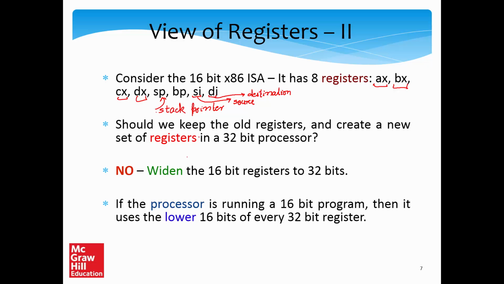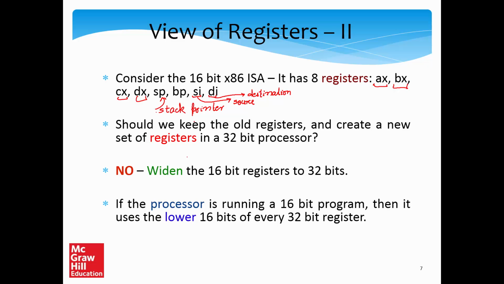If you would recall, both ARM and Simple RISC had more registers, they had 16. But x86 in that sense is fairly conservative in terms of the number of registers. In 8, we have 4 general purpose registers AX, BX, CX and DX. SP has a special meaning, it's a stack pointer. BP also has a special meaning, it's called the frame pointer or base pointer, depending upon how it's implemented.